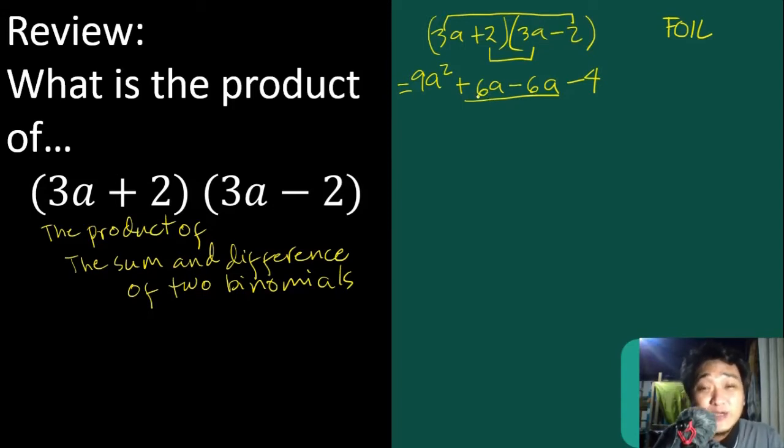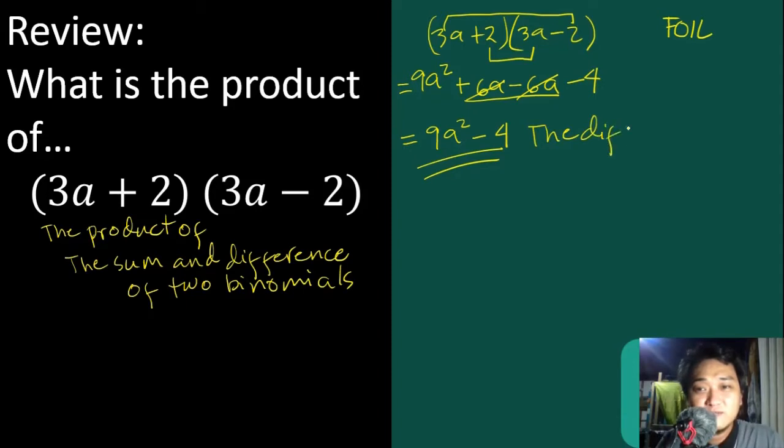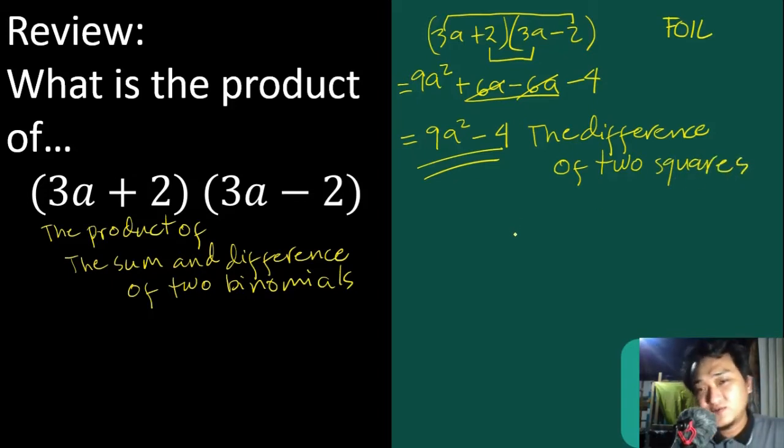So, nakagawian na natin, we'll just cancel it out, so matitira na lang is 9a squared minus 4. Ayan. So, in this manner, yung nagiging sagot niya, ito yung tinatawag nating the difference of two squares. Yan. So, yun yung tinatawag natin the difference of two squares.